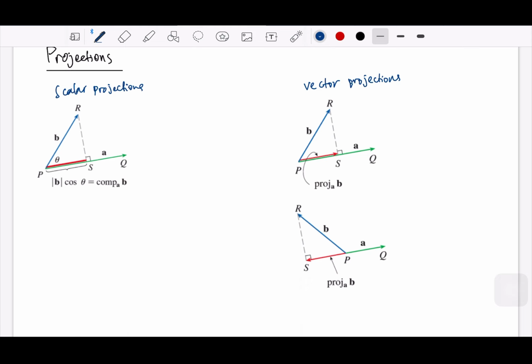For the scalar one, we also call this a component.